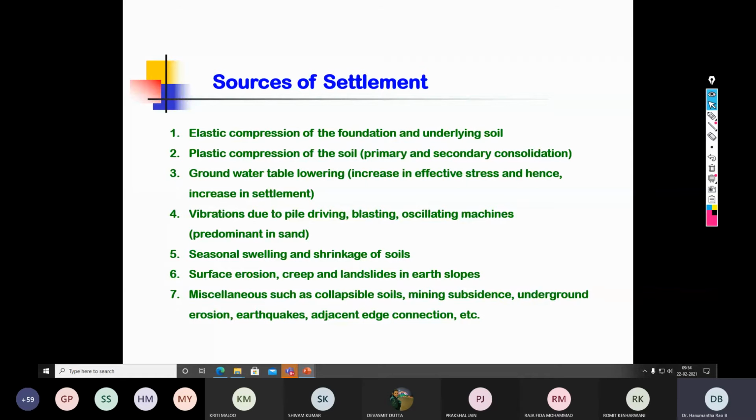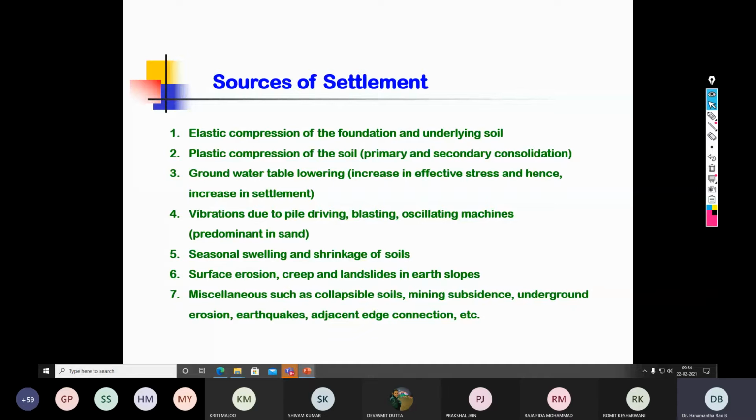If you take the soil, there are two things: the grain as an individual, and the soil as a whole. The grain as an individual can undergo compression, called the elastic compression of the soil grain or the elastic compression of the foundation, and the soil as a whole can undergo elastic compression or plastic compression depending upon the soil type.